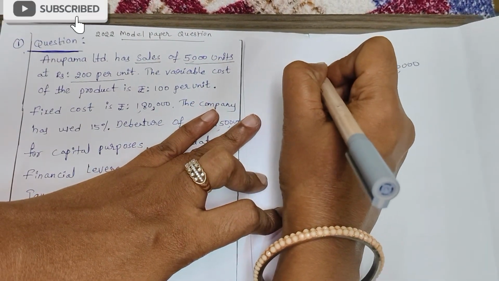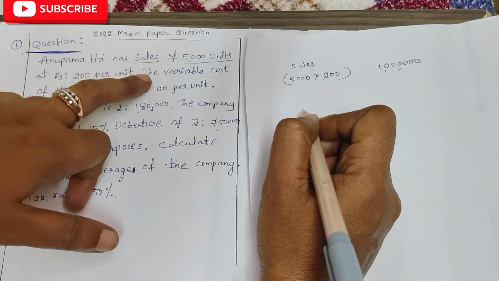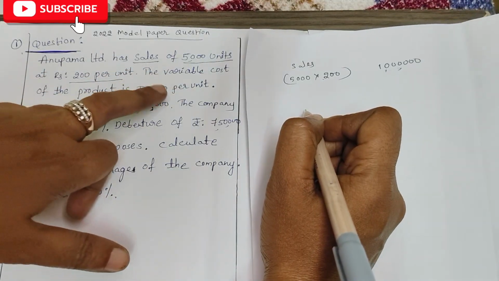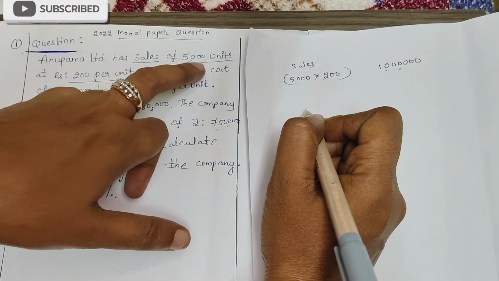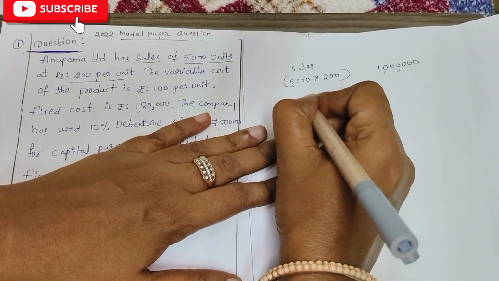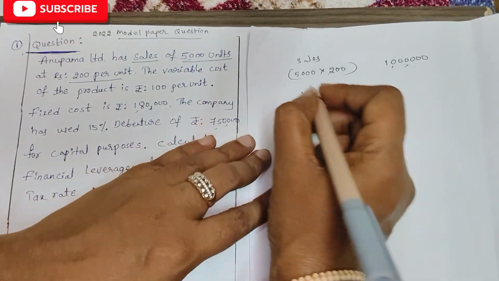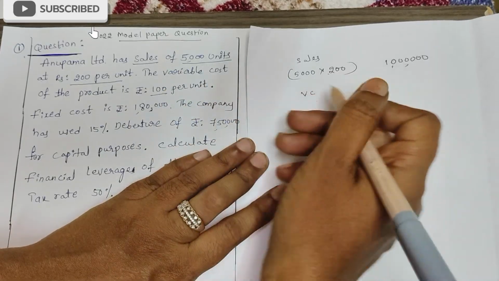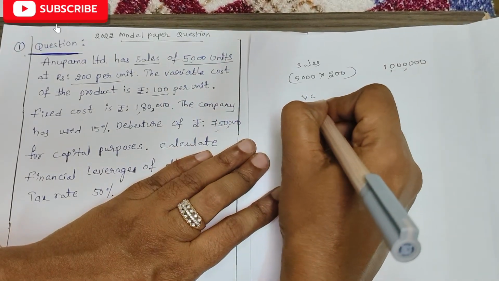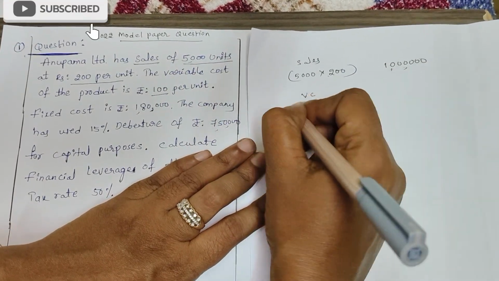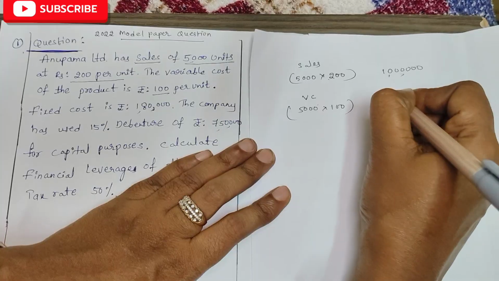So this 10 lakhs is sales. Then the variable cost of the product is 100 per unit. 5,000 units are there, each unit cost is 100. So 5,000 into 100 is 5 lakhs.